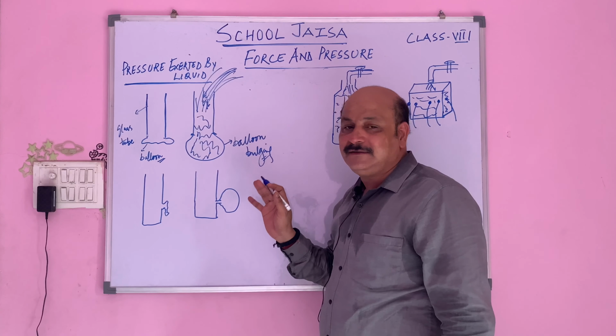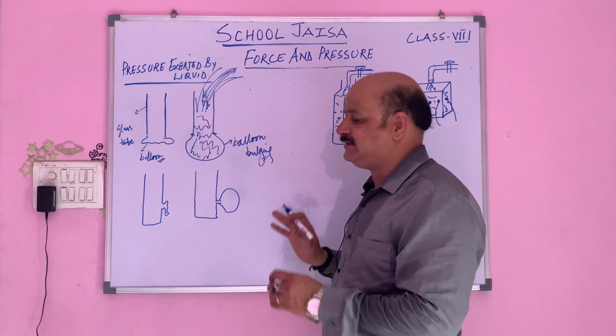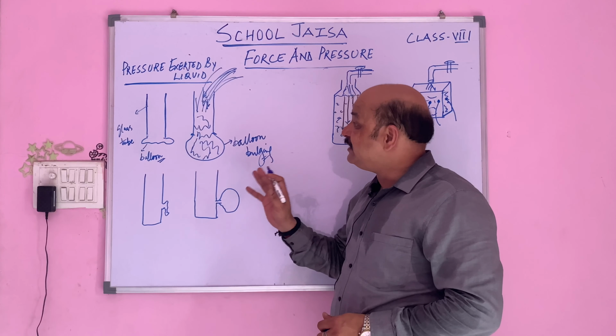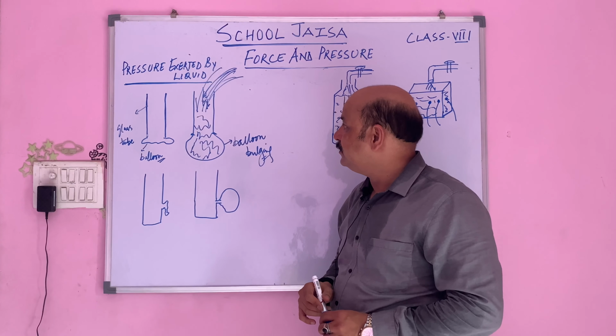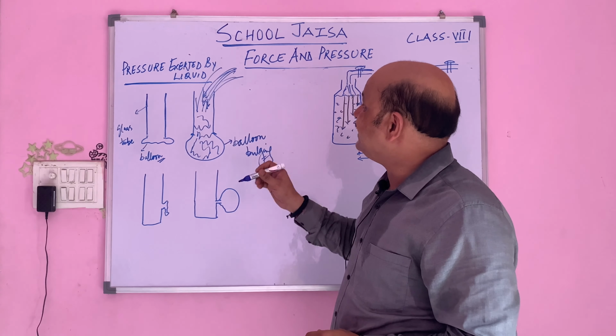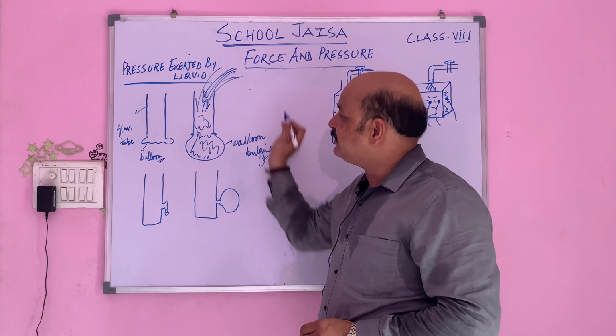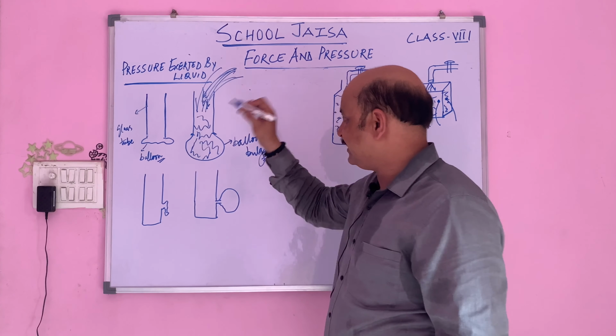It tells that the liquid applies pressure at the base where the balloon is fixed. So we came to know with the help of this activity that the liquid applies pressure at the base.